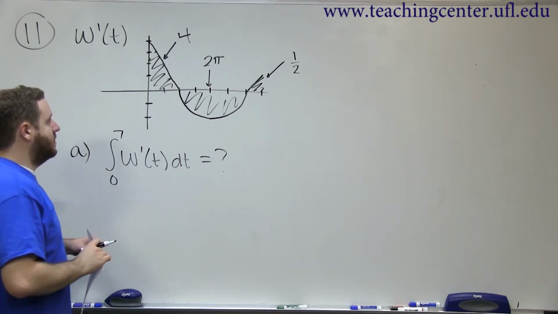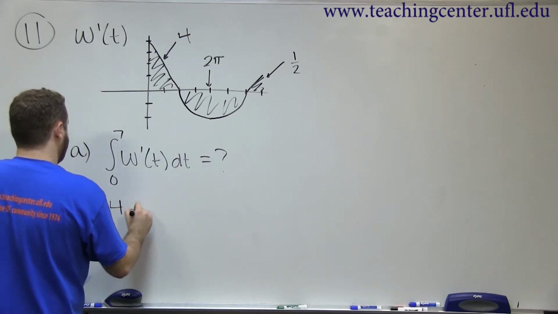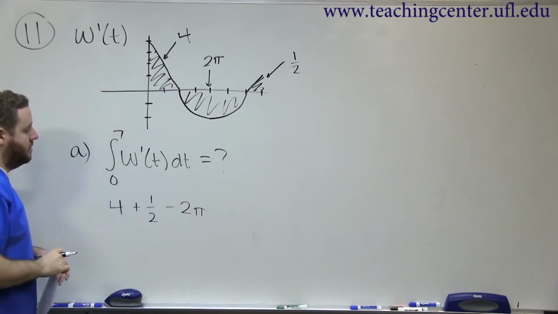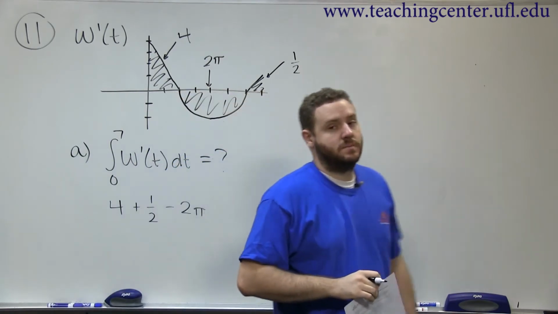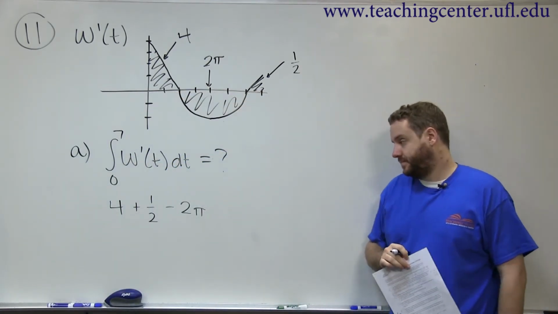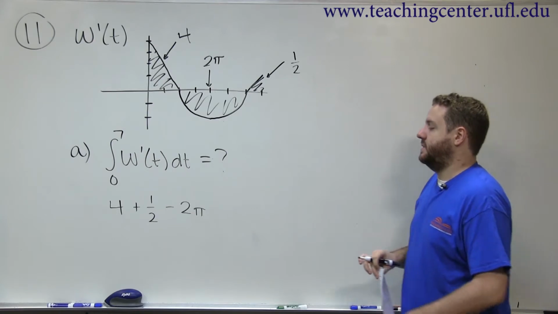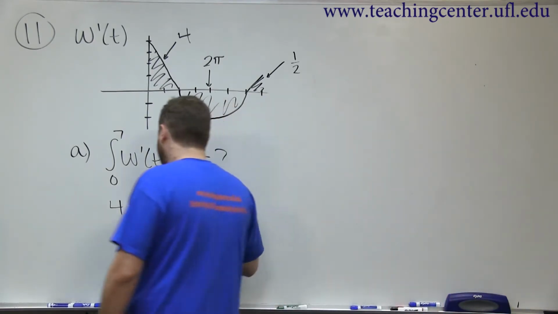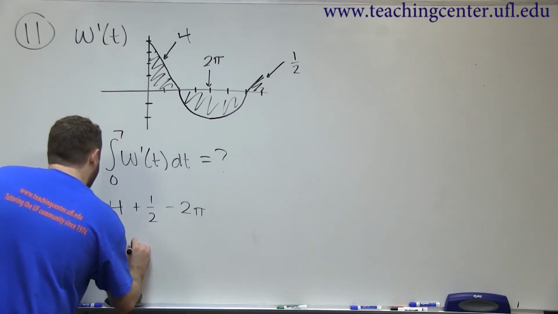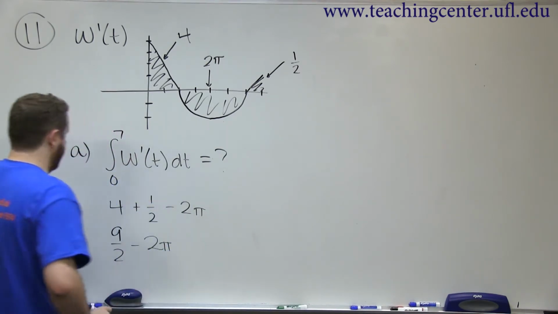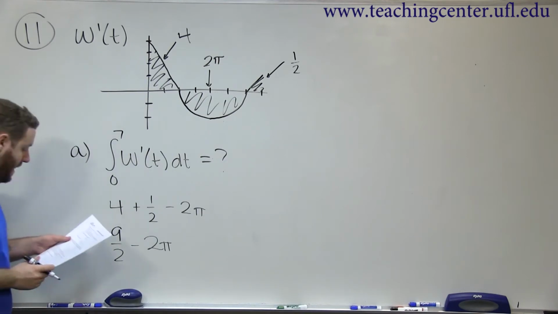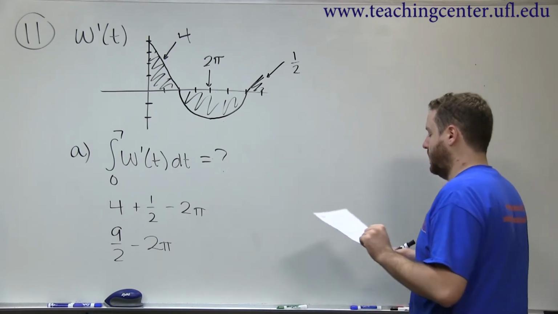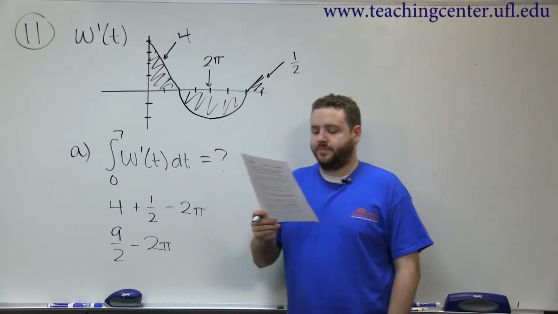So then our definite integral is going to be 4 plus 1/2 minus 2 pi, because we're taking away the part that's under the axis. To get this as simple as possible, 4 is 8 over 2, plus 1/2 is 9 over 2. So we'd have 9 over 2 minus 2 pi. And that would be our estimate of our net change in population over the first 7 years.